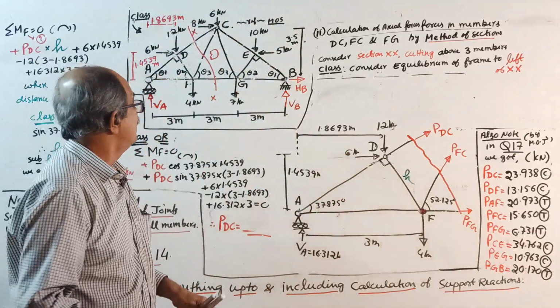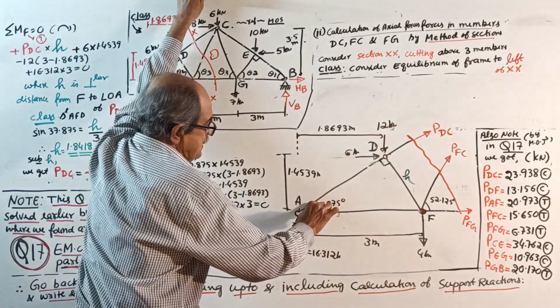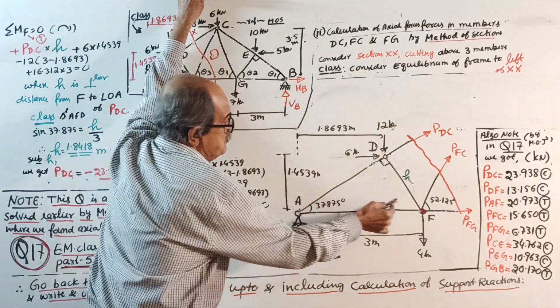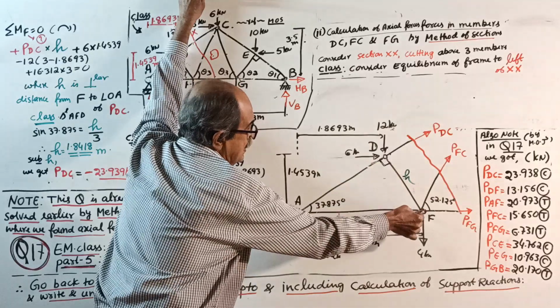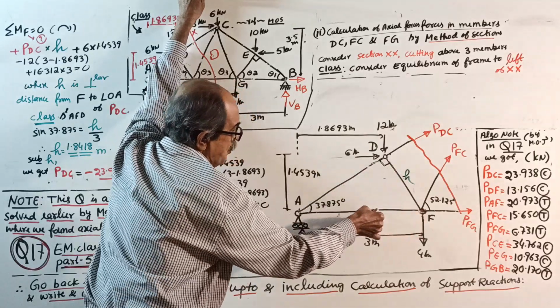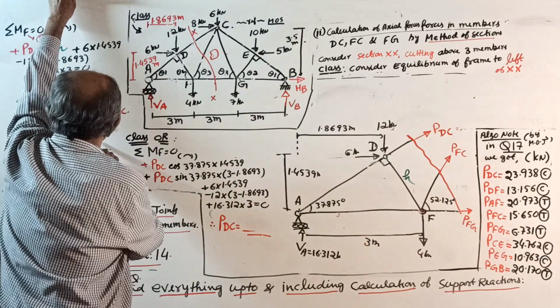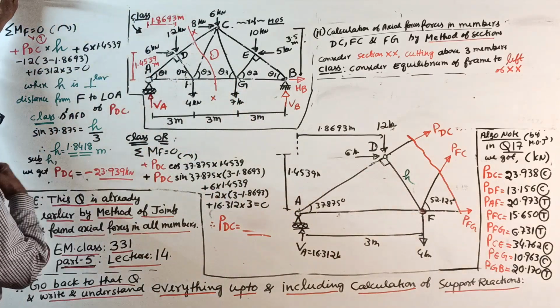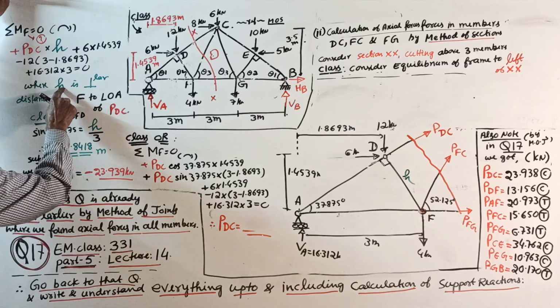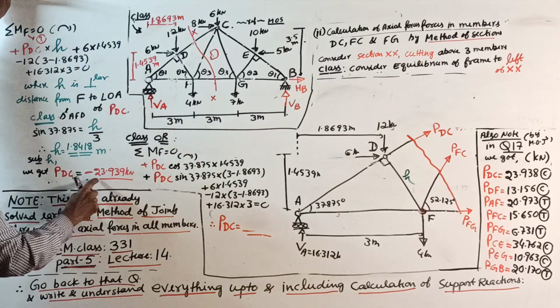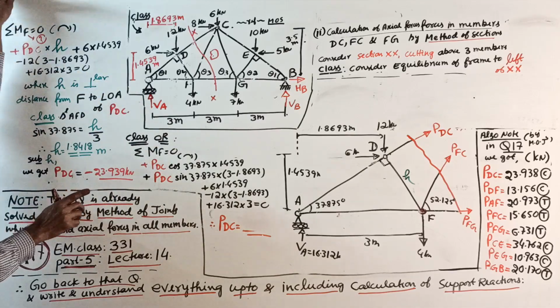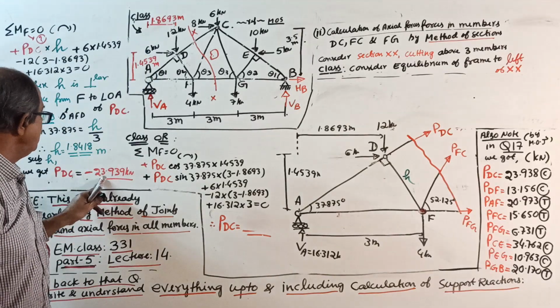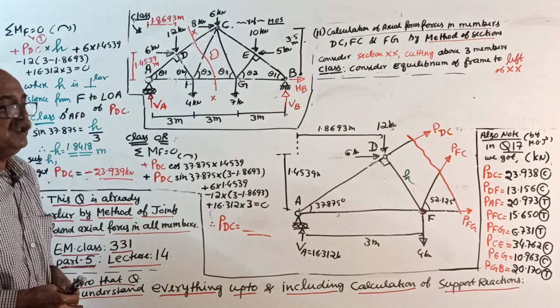So, sin 37.875 equal to H divided by the hypotenuse, 3, this being 90 degrees. So you get the value of H. Now substitute that H value here. You get the value of PDC. I calculated minus 23.939 kilonewton.